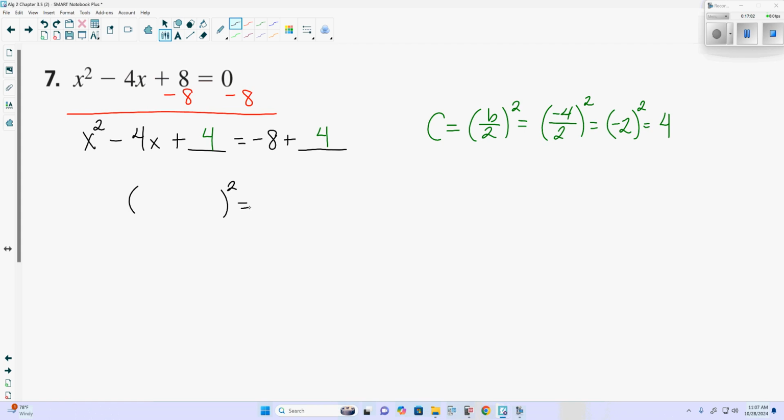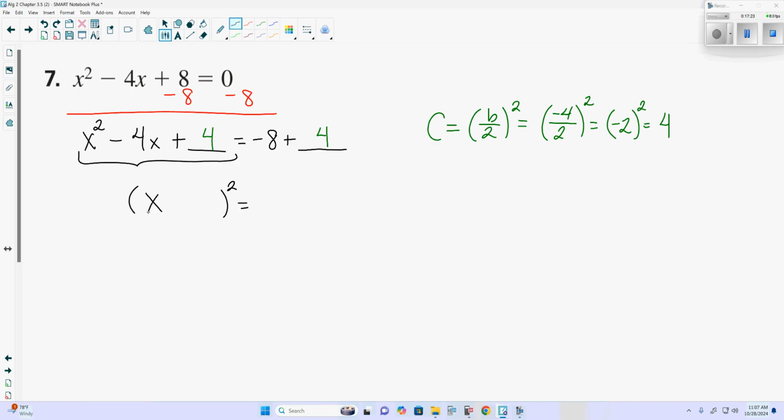Questions on steps 1, 2, or 3? We ready for step number 4? Step number 4, we want to factor the perfect square trinomial. We just want to factor this quadratic here. So we'll have a set of parentheses squared, and we will have x.